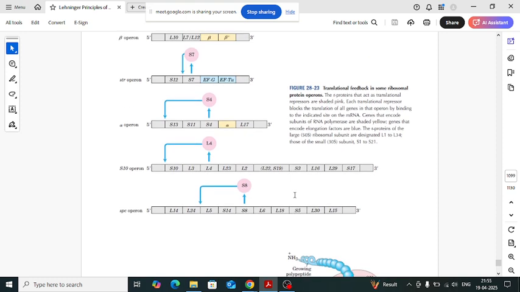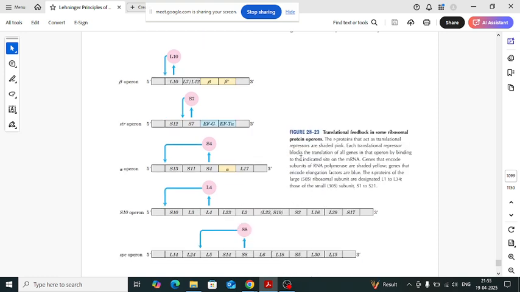If we continue the discussion in the prokaryote, there is translational feedback in some ribosomal protein operons. Proteins that act as translational repressors are shaded pink, for example L10 and S7.